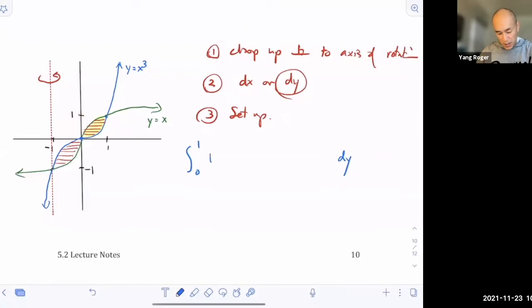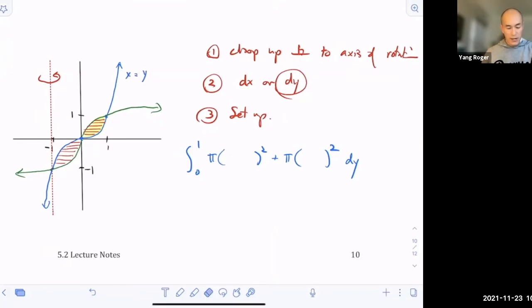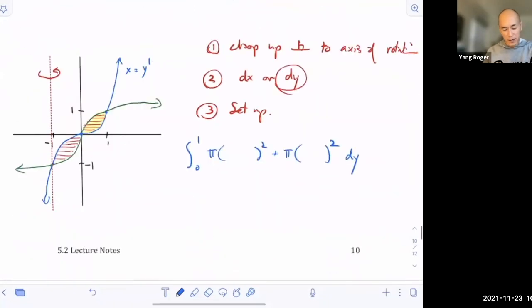We wanted to do pi r big squared plus pi r small squared, right? So what do you guys think r big should be? Since we already did this before, I can rewrite this guy as x equal to y to the 1/3 power.